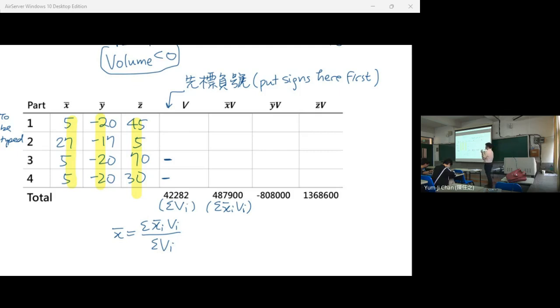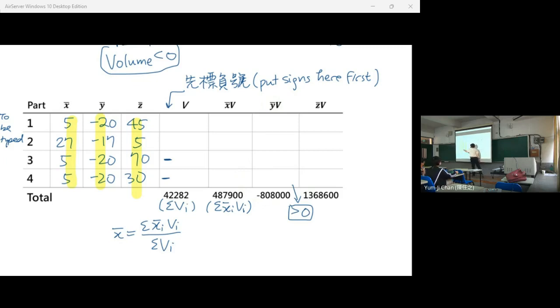The biggest problem in this type of question is you mix up negative sign and positive sign. For example, if we calculate this one, y bar v, if you look at the textbook, it is larger than 0. It is positive. But we have many negative signs here. So how can we get a positive number from here?